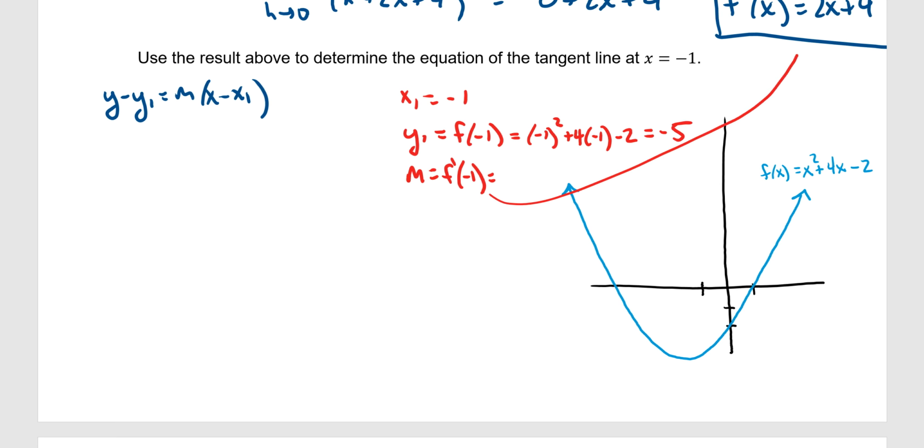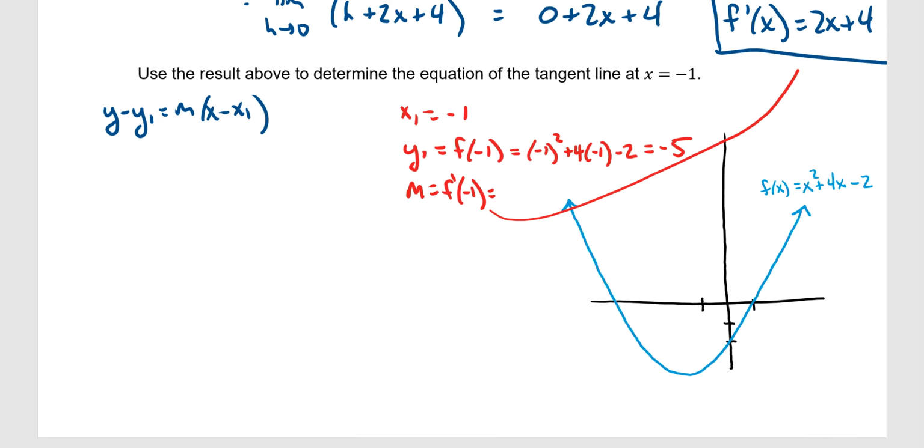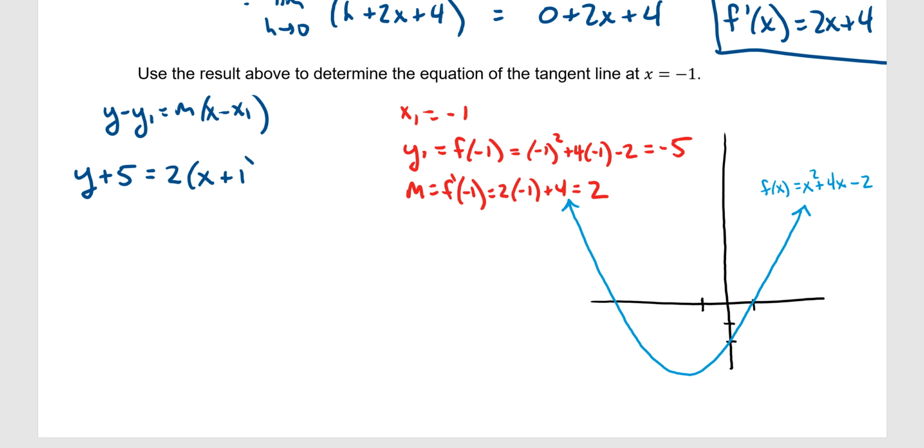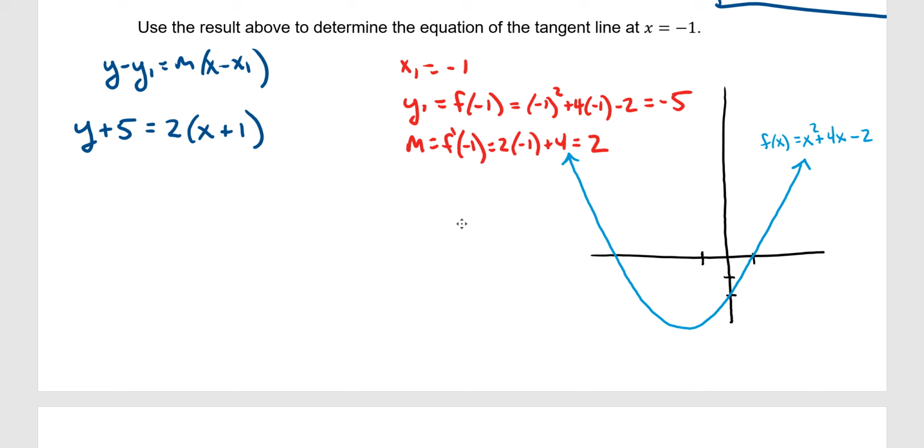And then the slope, f prime of -1, is 2 times -1 plus 4, which is -2 plus 4, which is 2. So now we have everything we need. That's going to be y minus -5, so y plus 5, equals m, which is 2 times x minus -1, which is x plus 1.